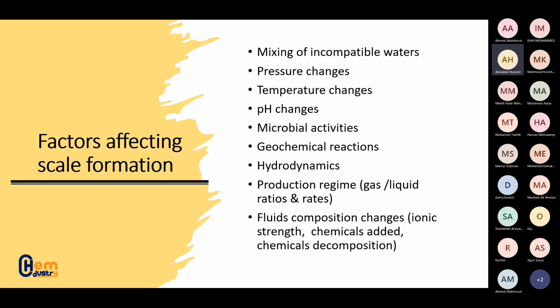These are the main factors everybody keeps targeting, but there are also more, such as microbial activity, geochemical interactions, the effective hydrodynamics, the production regime, meaning production rates, fluid rates and ratios. There are also any changes in the composition of your production fluid. We're going to look at these factors one by one because it is very important when you do your root cause investigation and risk assessment.